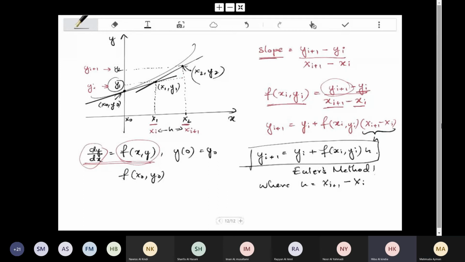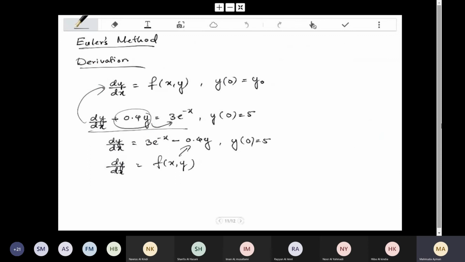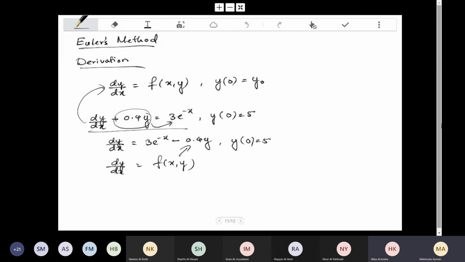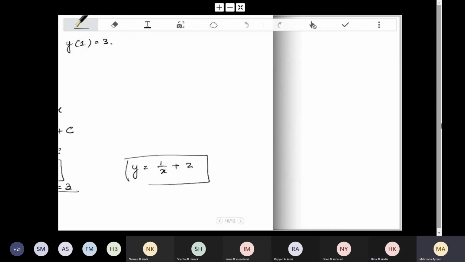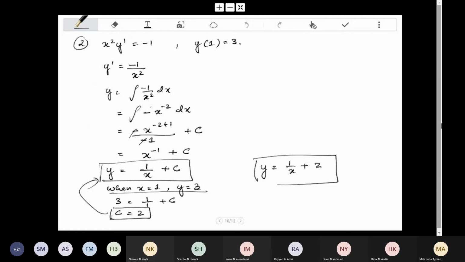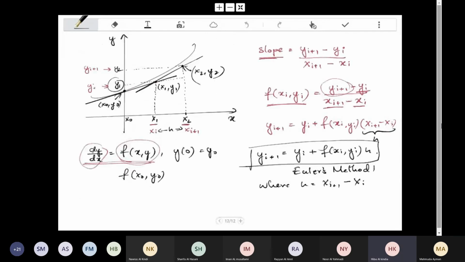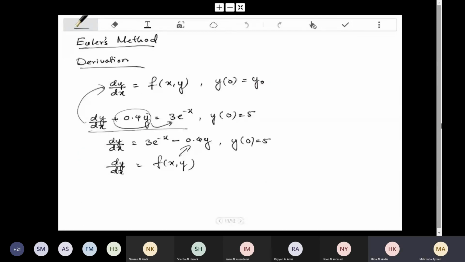I'm just confused. What is the relationship between this and the last example? Last example, you mean like which one? This one here? Yes, this one.